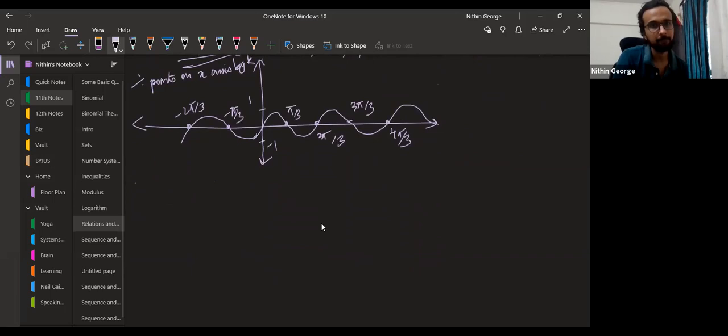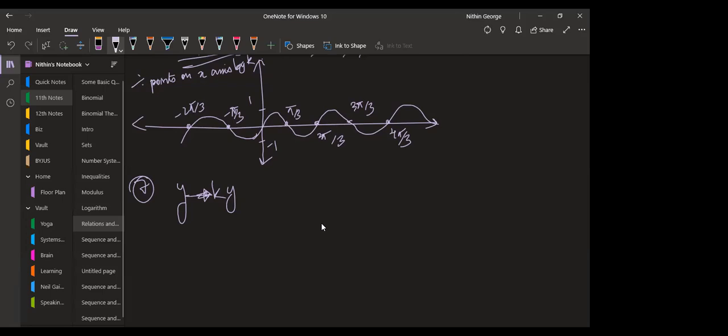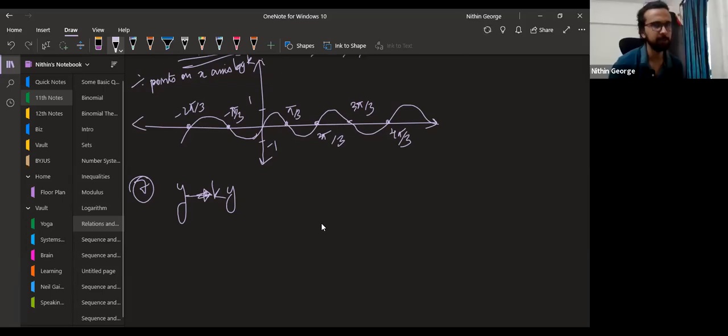Now, what if y becomes k times y? So does it get multiplied? Not necessarily.